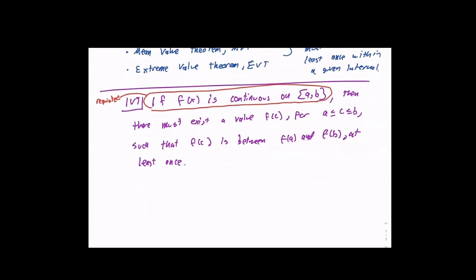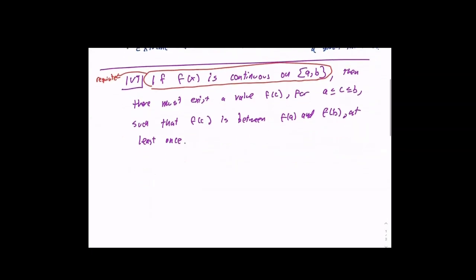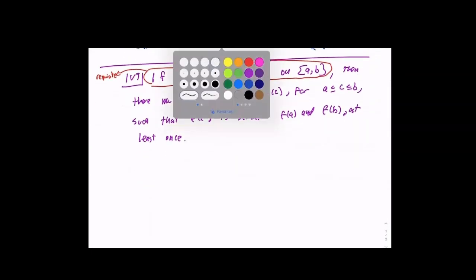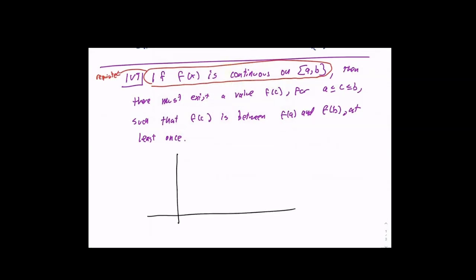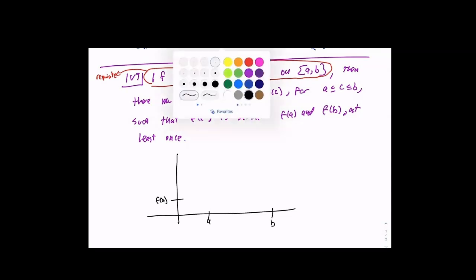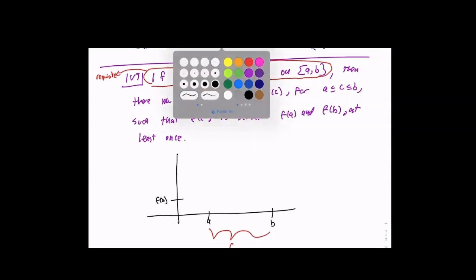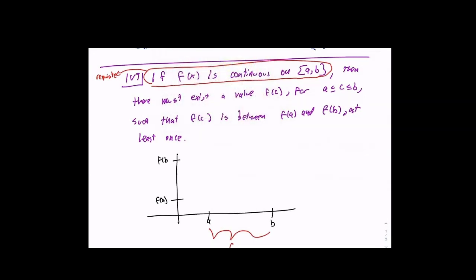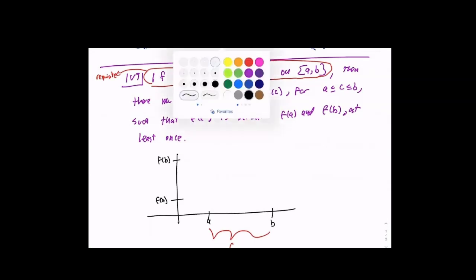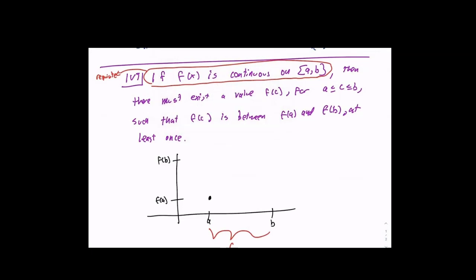So, in layman's terms, in the visual field, and I showed you this yesterday. If we have f of a, and here's a, here's b, and here's f of b, and I have the point here, and I have the point here.